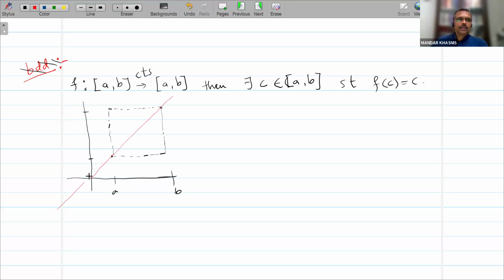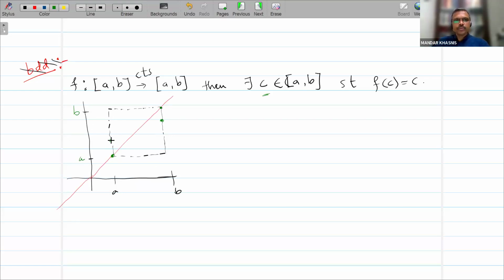If f of a is a, a itself is the point c I'm searching for. If f of b is b, we don't have to search for anything else. So let's assume f of a is not a. f of a is somewhere here because it must lie between a and b, and f of b is somewhere here.